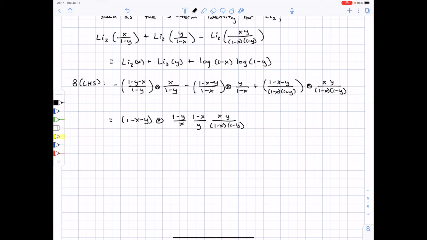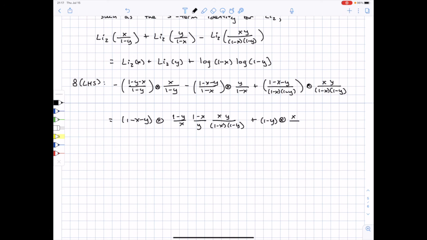Okay, then the next factor we would have is 1 minus y in the first entry, 1 minus y, and collecting everything there. So this appears here and also here.